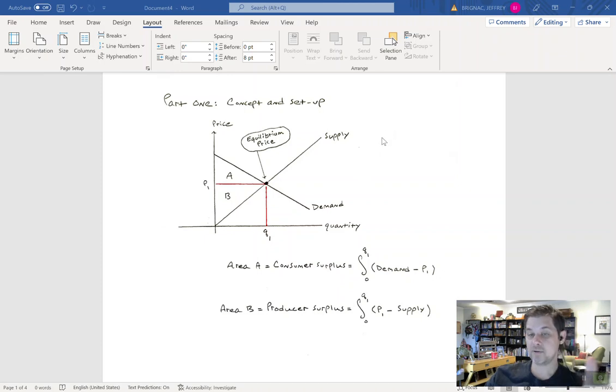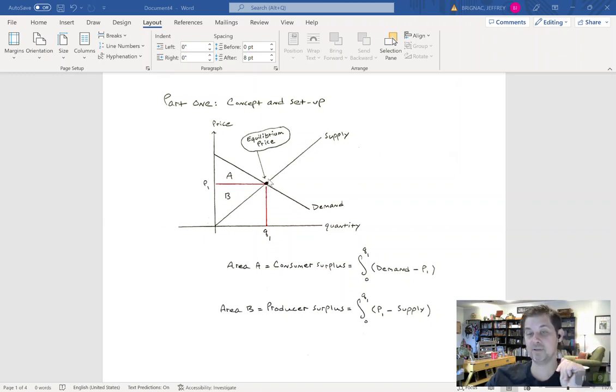Here's how we calculate this thing called the consumer surplus and this other thing called the producer surplus. It's really nothing other than the area between two curves on a graph. You see this region here that is above the equilibrium price. The equilibrium price is where the supply and the demand curves meet, but I won't explain that.